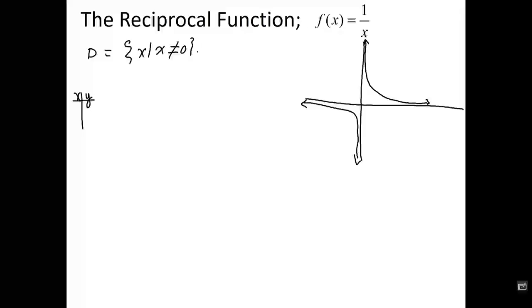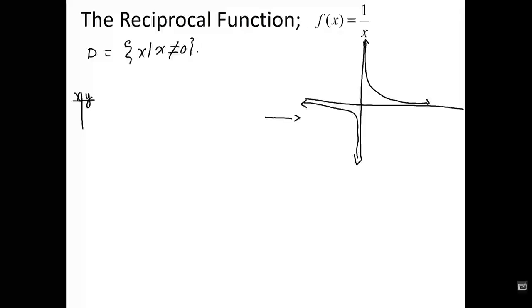Okay, let's now investigate some of the characteristics of this reciprocal function. It appears that as x approaches 0 from the left, what happens to the value of the function?